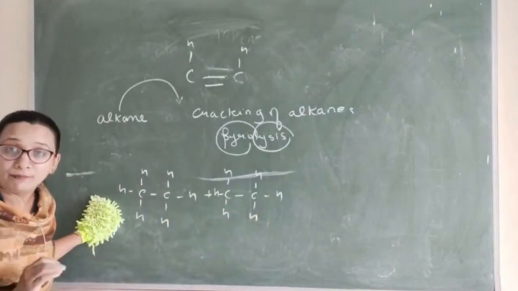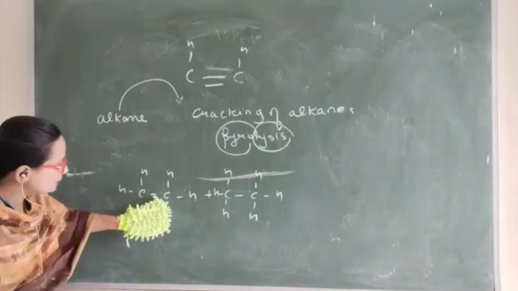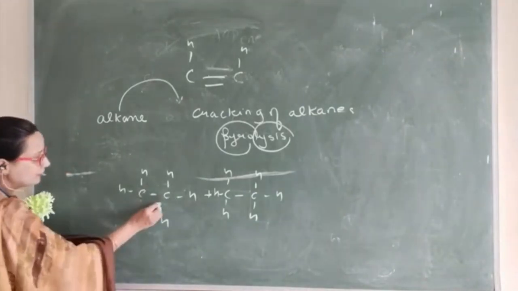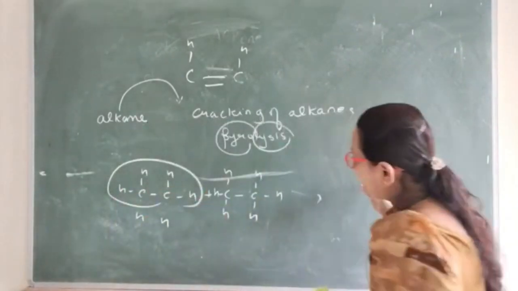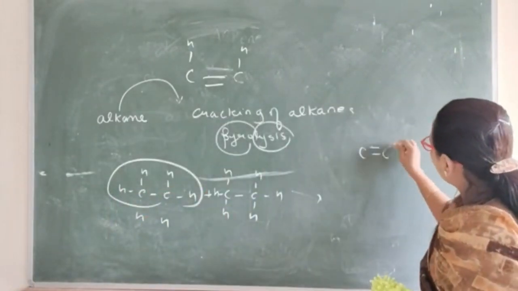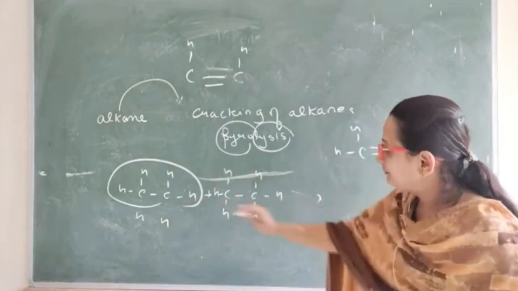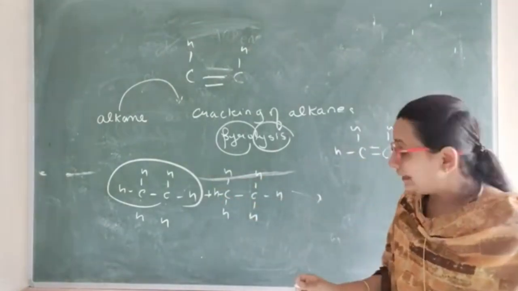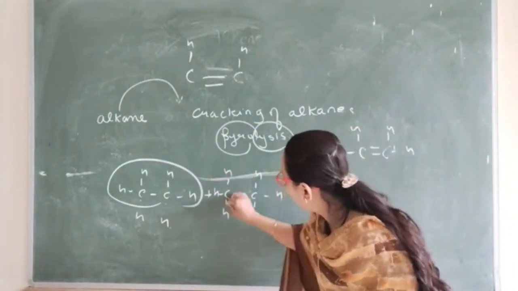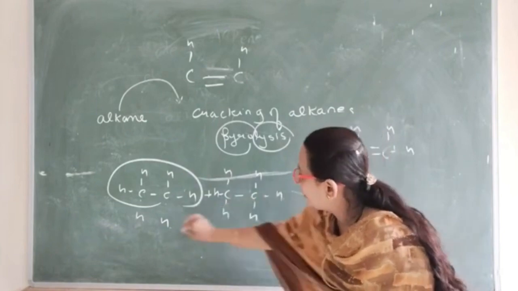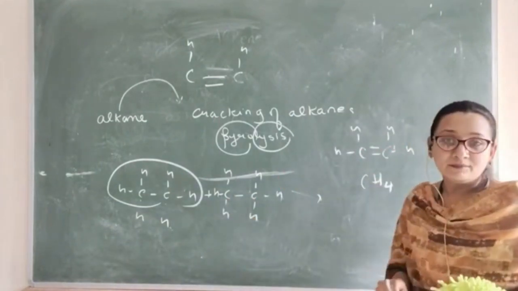Then what is formed? It is called breaking in the presence of heat. For example, first these two protons go out, so what is left here is alkene, C double bond C, H2, H2. This is one product. Another thing I can get is methane, CH3 plus 1 H, CH3 plus 1 H, giving methane.